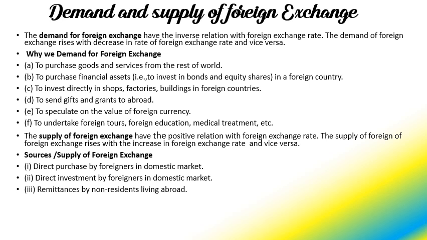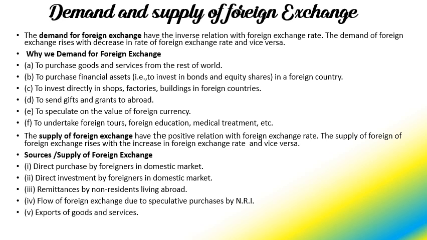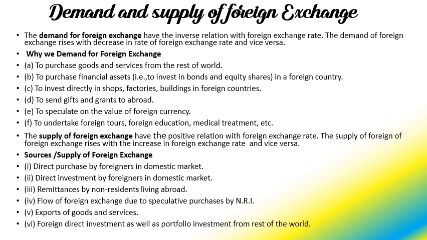Remittance by non-residents living abroad: if someone in your family is working in Australia and sending money, then we will be getting Australian dollars. Flow of foreign exchange due to speculative purchases by NRIs, non-resident Indians. Export of goods: if we start exporting goods, we obviously get foreign exchange.